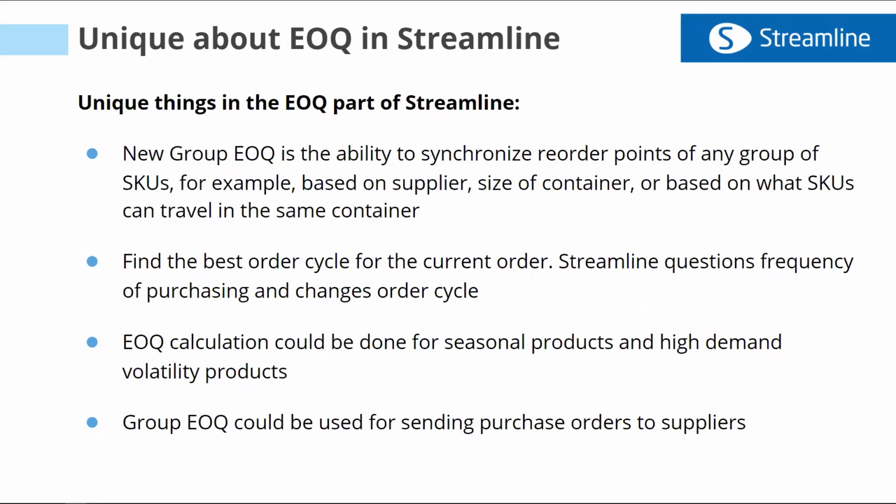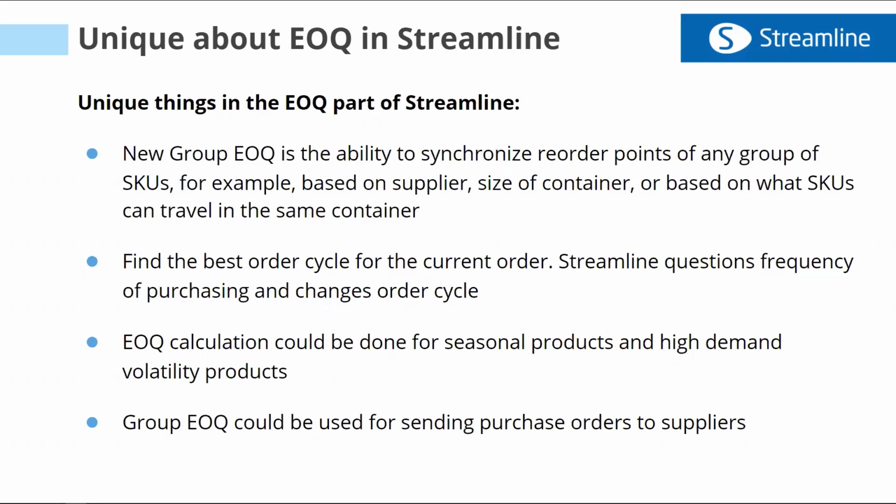So now you have an ability to choose between purchasing, let's say, 30 days of supply and purchasing an economically efficient size. Let's say that can be one container, or that can be less than one container for expensive items. And I will show you in the demo how that works and what is the difference between periodic purchasing available in Streamline and EOQ purchasing.